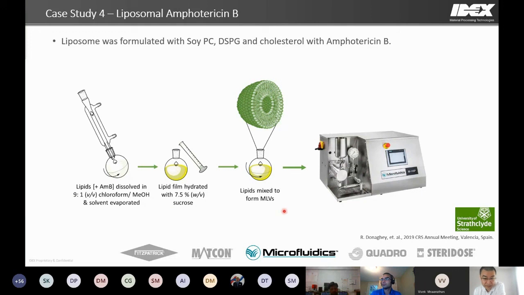The hydration causes the lipids to self-assemble into multilamellar vesicles, which are big and have many bilayers, so-called MLVs. In this case, we use the M110P benchtop microfluidizer processor to reduce the vesicle size and lamellarity.